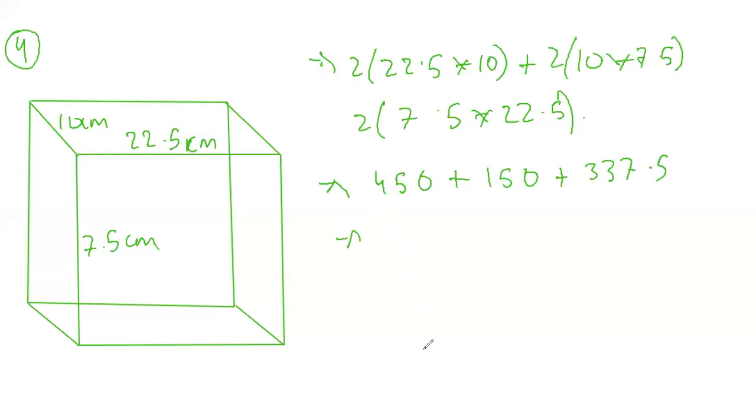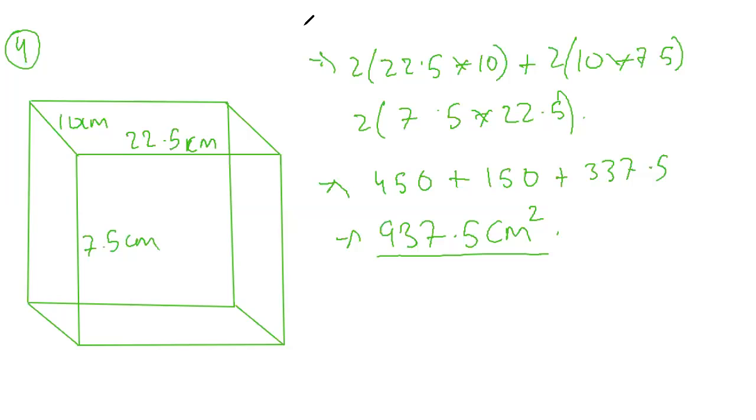So finally our answer would be 937.5. Please note again that I'm using a calculator for all these calculations, so I would advise you to do the same without any waste of time. So I'll write the unit. Once we find out the area of the brick, the unit will be centimeter square. So 937.5 centimeter square.